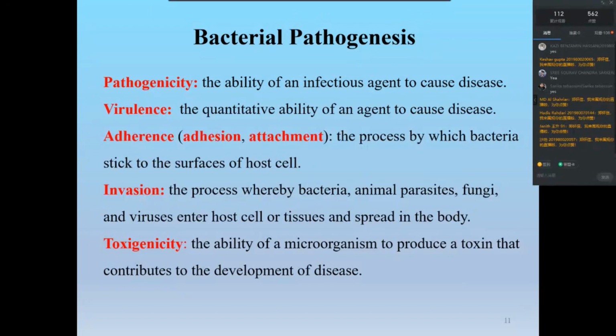Then some of the pathogens are okay to live just on the top of the cell. That's the infection. But some other pathogens need to further invade into the host cell. Invasion into the host cell can benefit the bacteria.